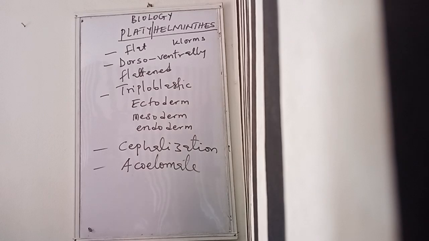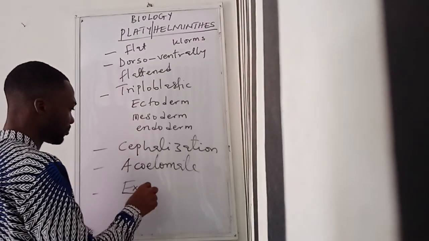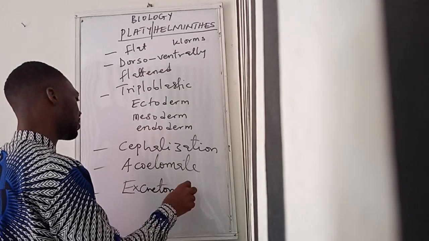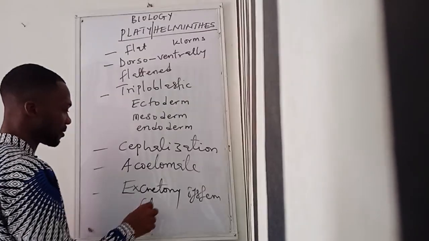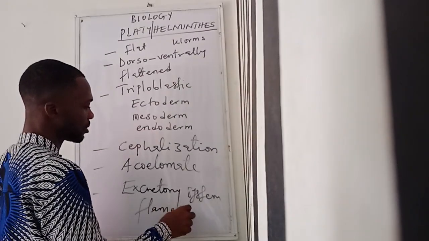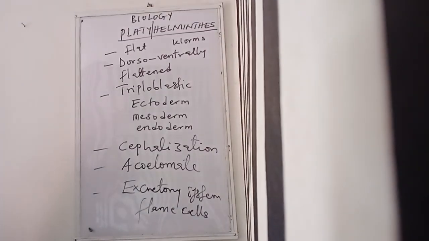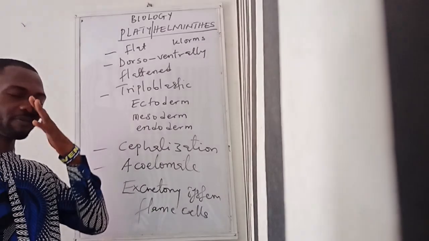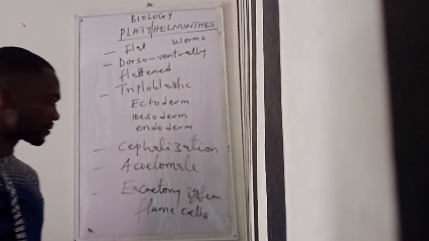All right. Members of this group also have an excretory system made up of flame cells. So if you look at the excretory system, one basic characteristic is that they are made up of cells that are referred to as the flame cells.